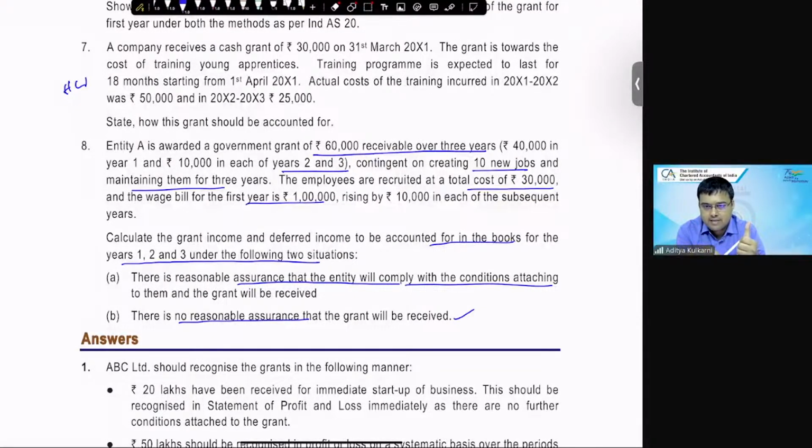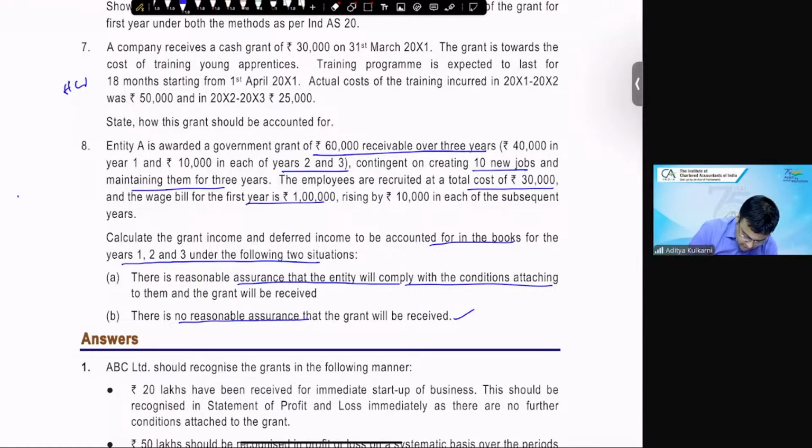Is this asset related or non-asset related? Non-asset related. So I will amortize it over a systematic basis. Should I take it equally over 3 years or in the proportion of the cost? In the proportion of cost incurred.